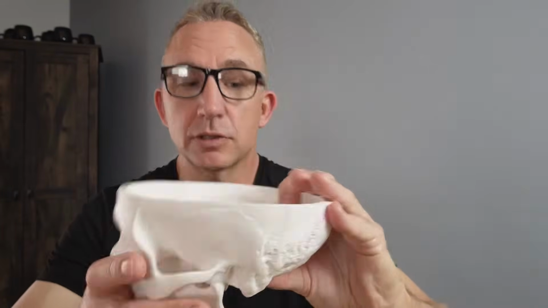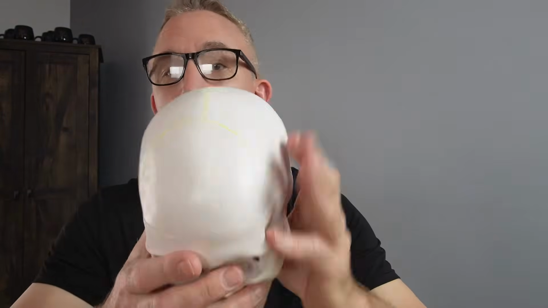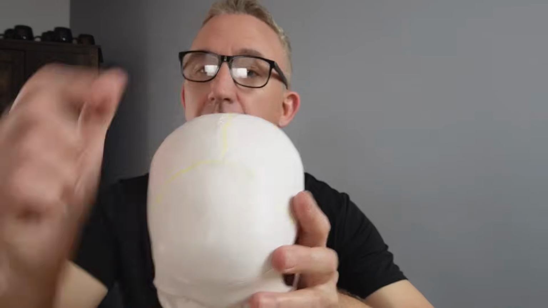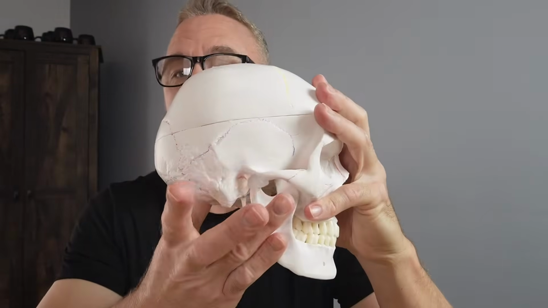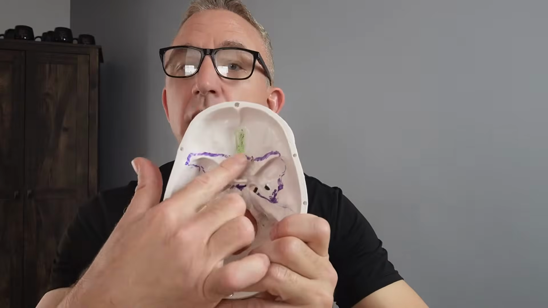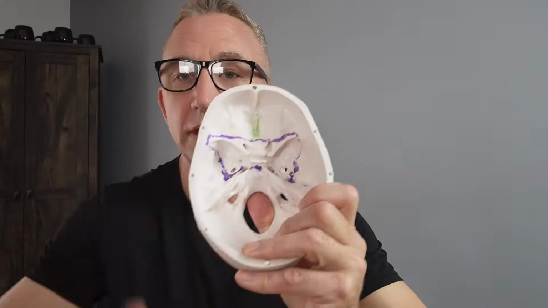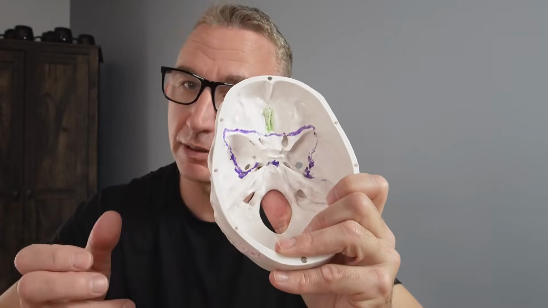So 8 bones total when we look at our cranial bones: 1 frontal, parietal 2 and 3, occipital on the back 4, my temporal 5 and 6. And when I open it up and look inside our cranial fossas at the floor here, ethmoid 7, sphenoid 8. So our 8 cranial bones.